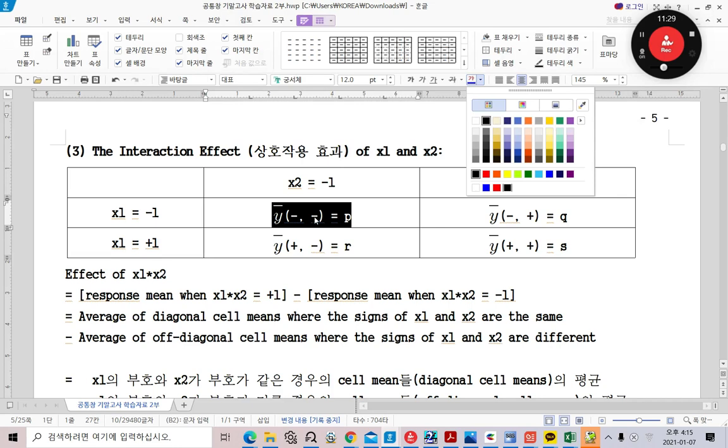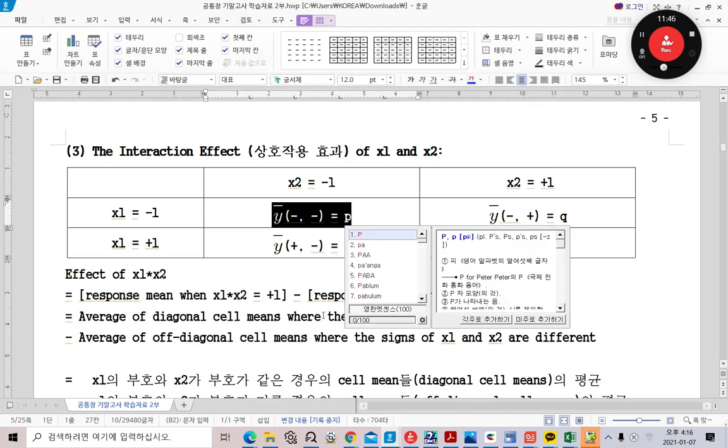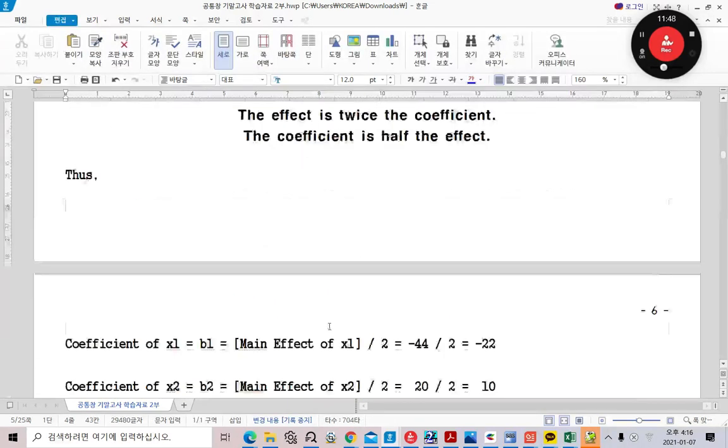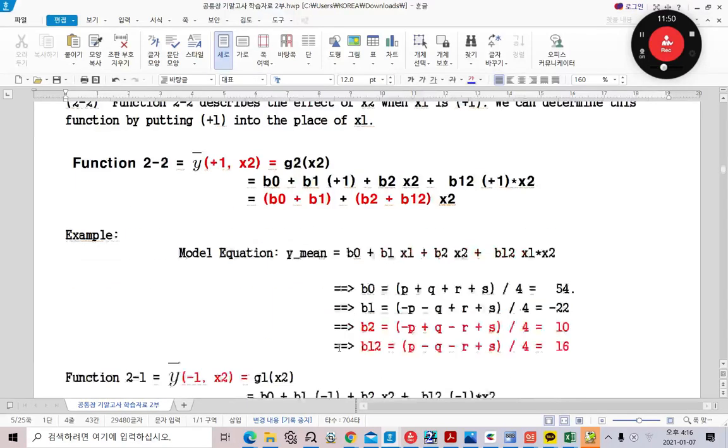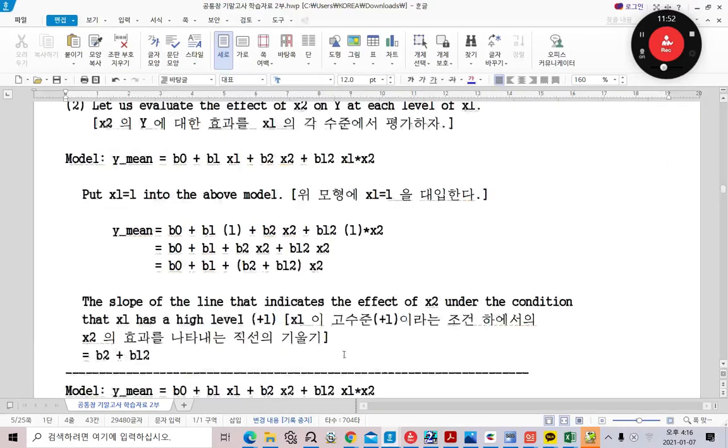1. Okay, so I'm going to use different colors to denote the value of x1 times x2. I'm going to take a look at the graph that will come later.